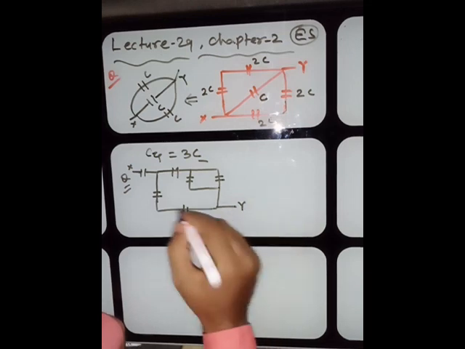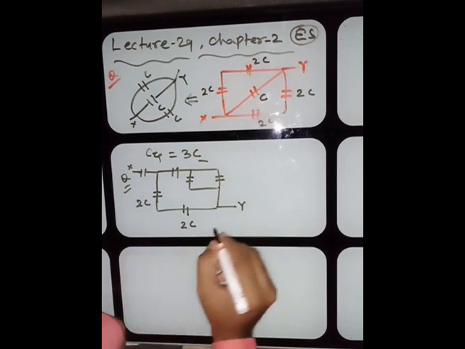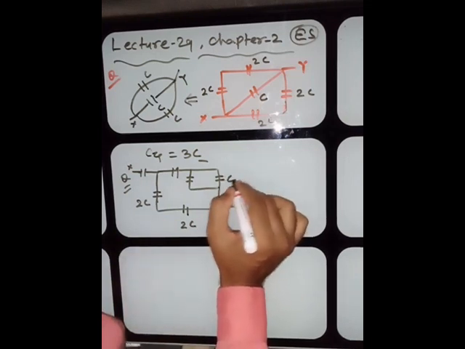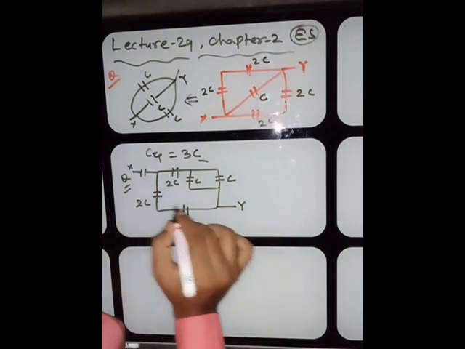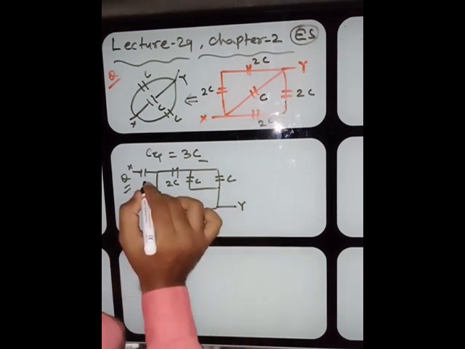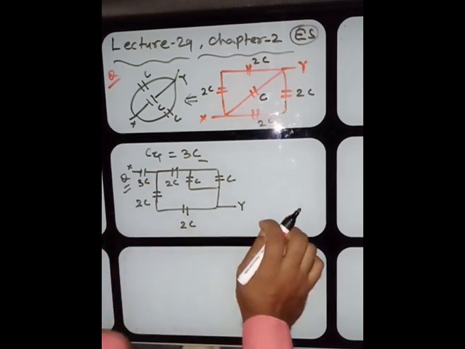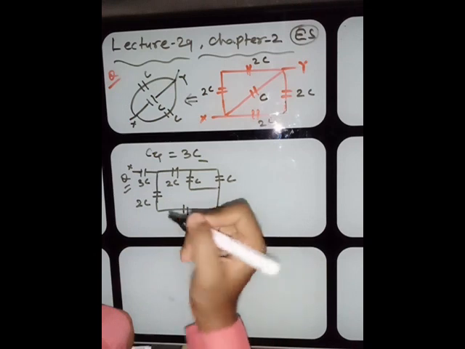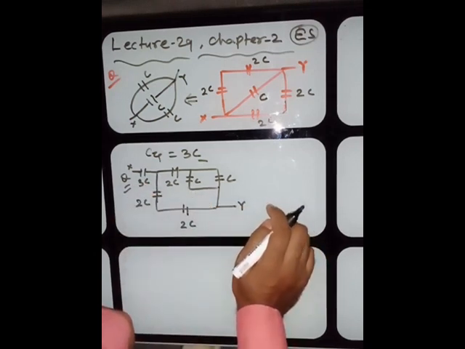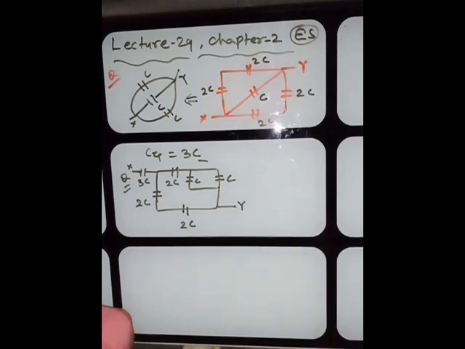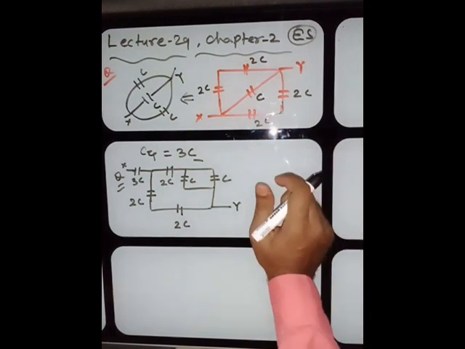I am giving you the values of the capacitors: 2C, 2C, here C, C, 2C, and then it is 3C. You have to find the capacitance. Now the equivalent capacitance, students, this is your classwork. If you can solve it, pause your video and try to solve. Let me solve this question.